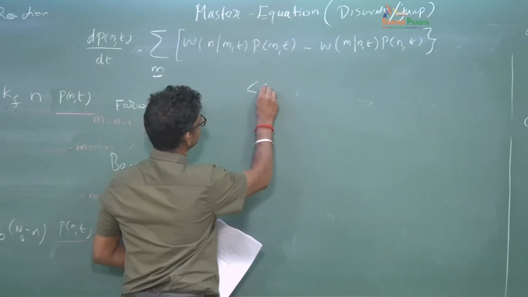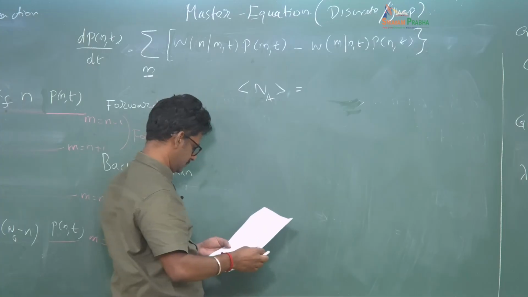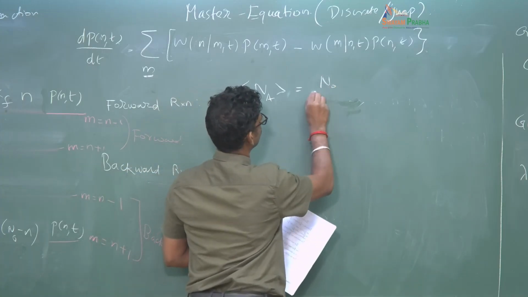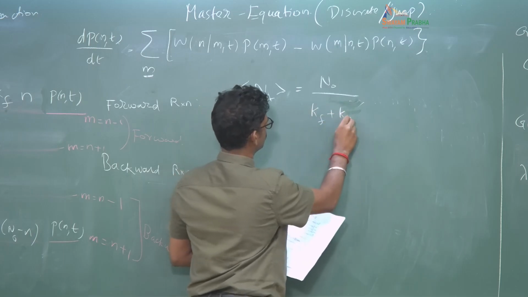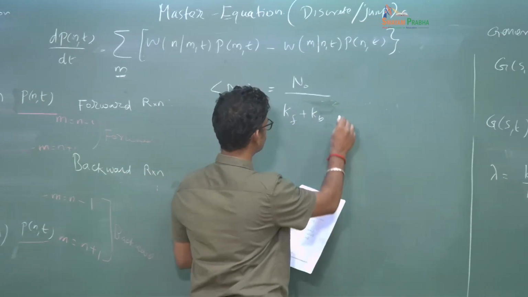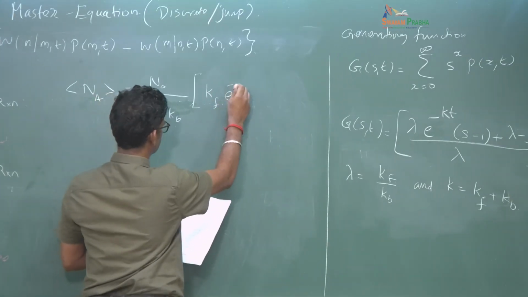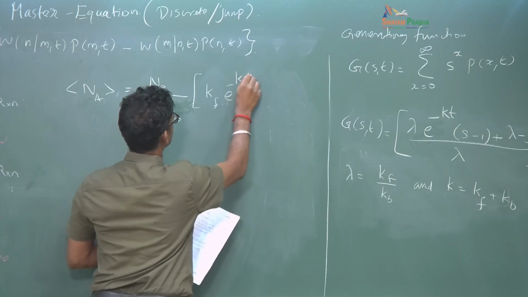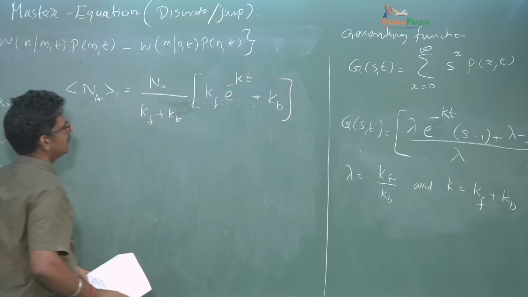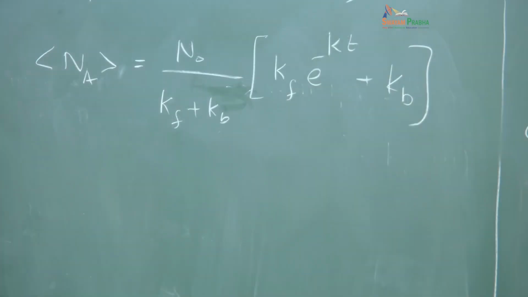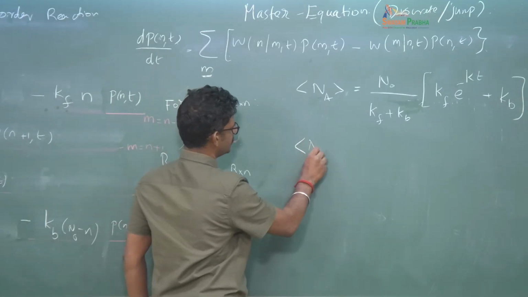So now you will find the mean value. So the mean value itself changes with respect to time by this, and then if you want to look at the equilibrium, so this is an equilibrium reaction anyway.